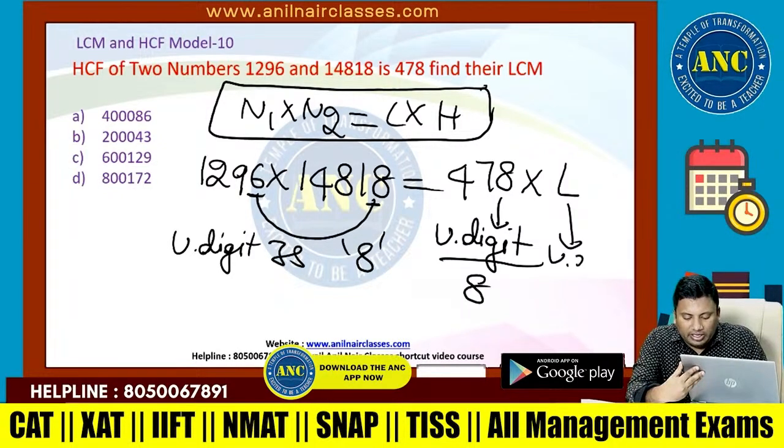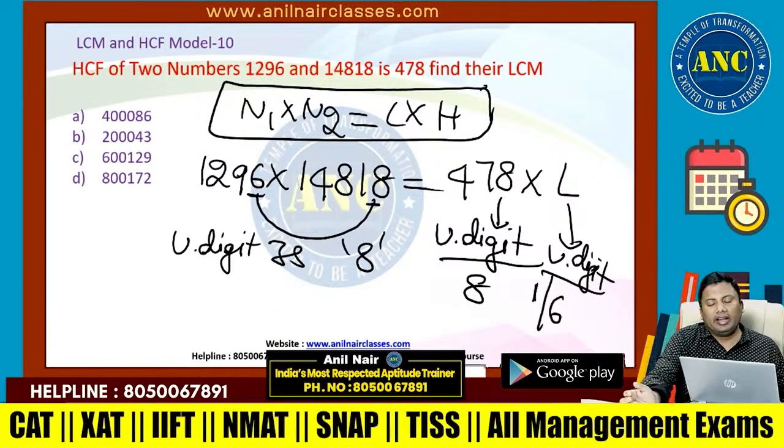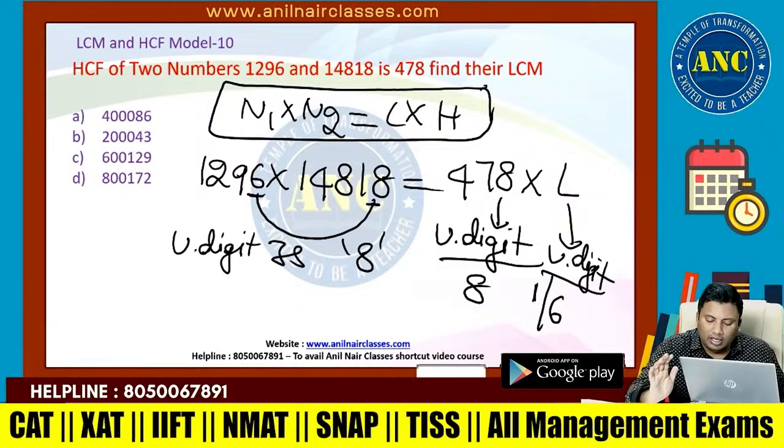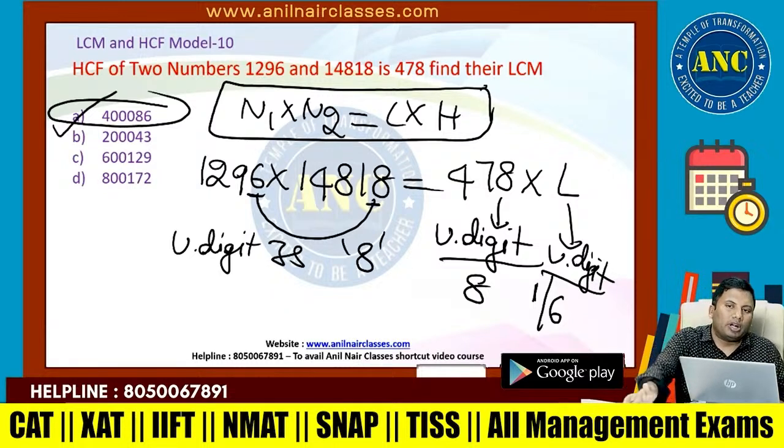LCM unit digit is 1 or 6. 8 ones are 8, 8 sixes are 48. Unit digit 1 is not there, so the unit digit is 6. Answer is 40086. I hope it is clear, right?